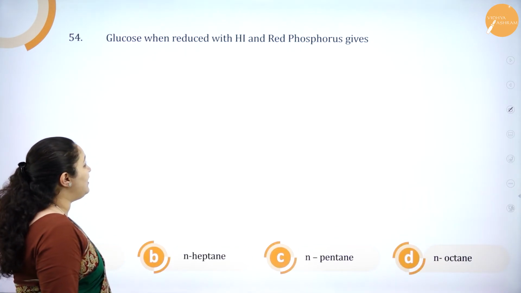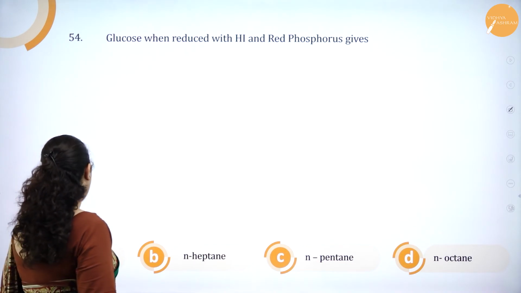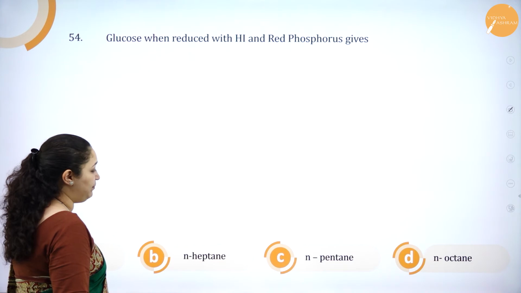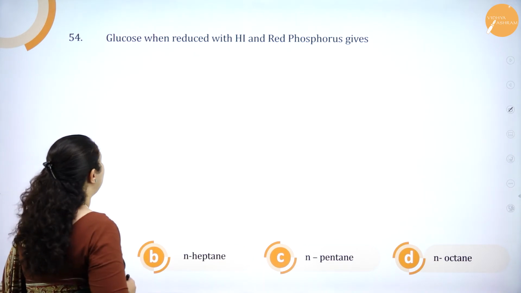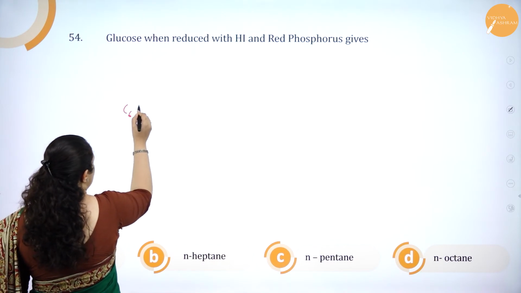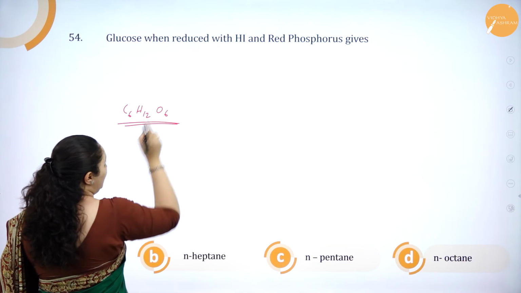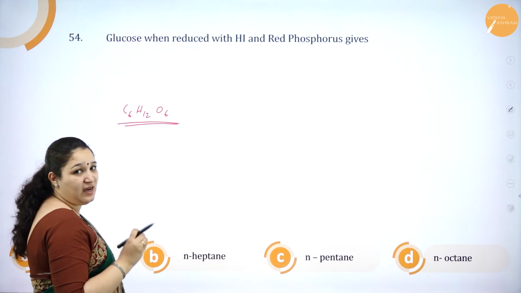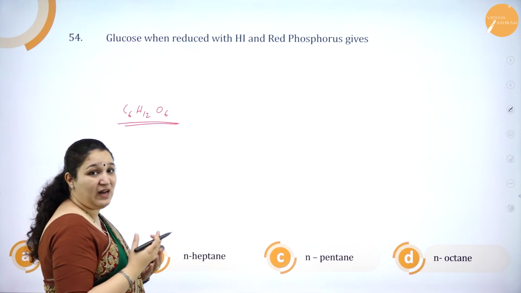Glucose when reduced with HI and red phosphorus gives N-hexane, N-heptane, N-pentane, N-octane. Now what is glucose? It is C6H12O6. So when it is reacting with HI, that is hydrogen iodide, and red phosphorus, it will give an alkane.